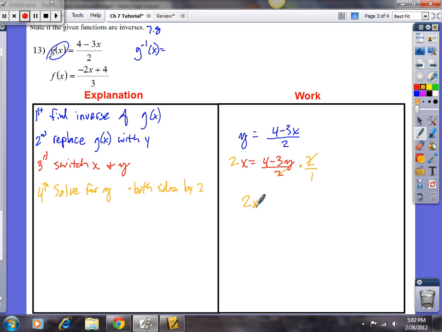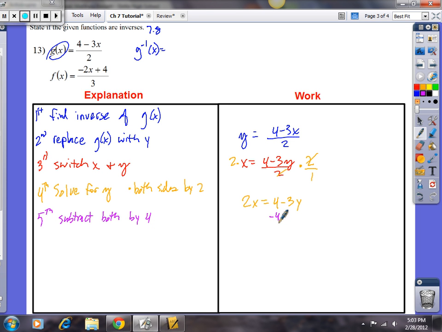So you're going to have 2x equals 4 minus 3 times y. Now, the fifth step, we are going to subtract 4 from both sides.